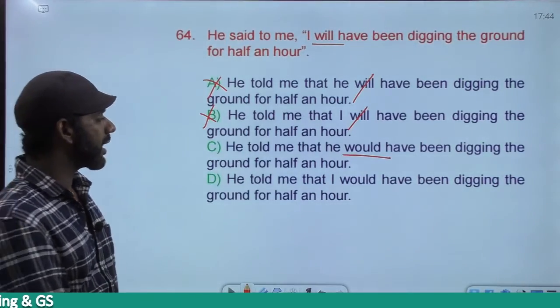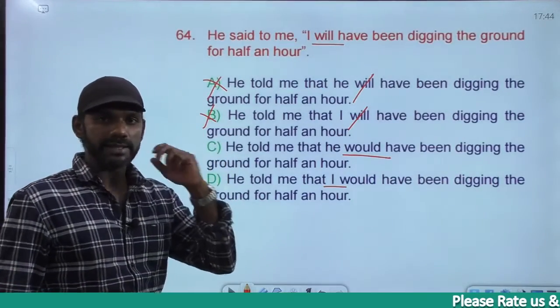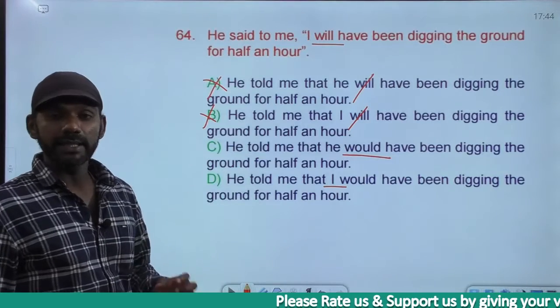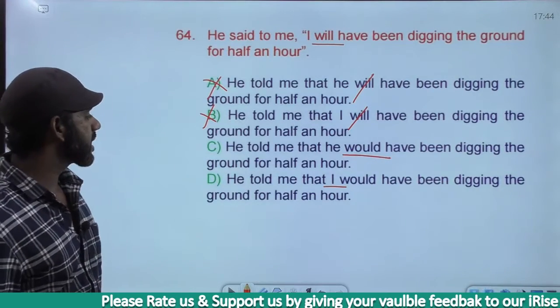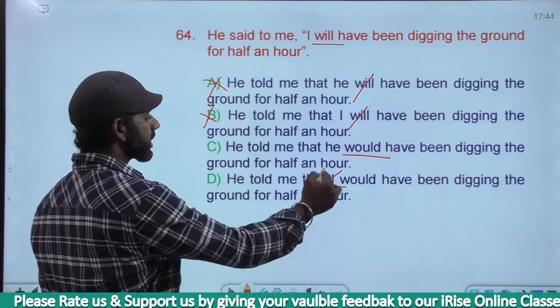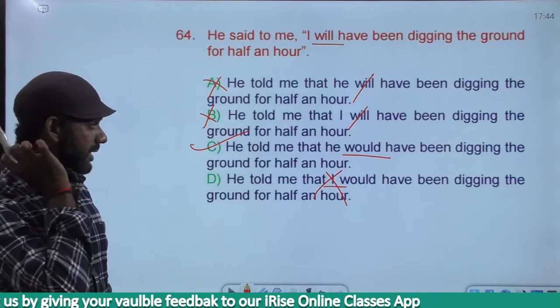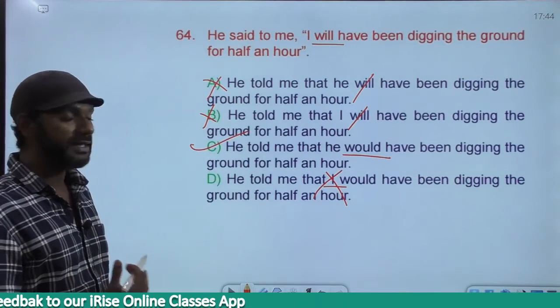He told me that I would have been digging. Come to the question once again. He said to me, I will have been digging. So I changes to he, because he said to me, I changes to he. Based on that, D is gone. The answer must be option C. He told me that he would have been digging the ground for half an hour.